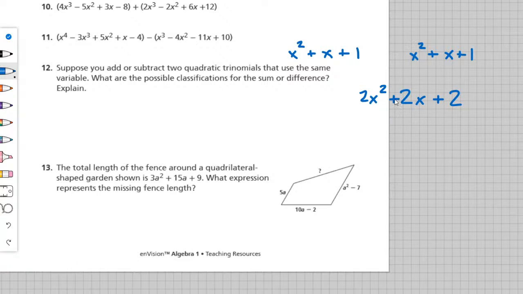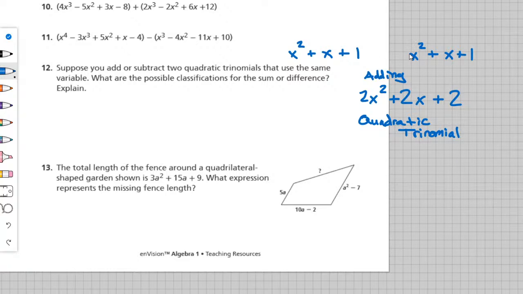So the classification of this one could be, again, a quadratic trinomial. And that's not the only answer, because you could also get either a linear situation or even a constant, which we're going to see in just a second.